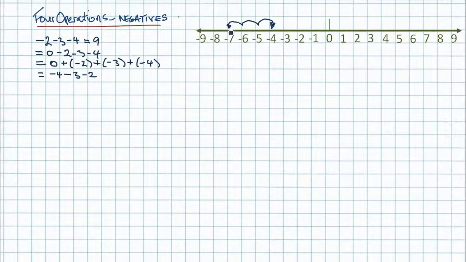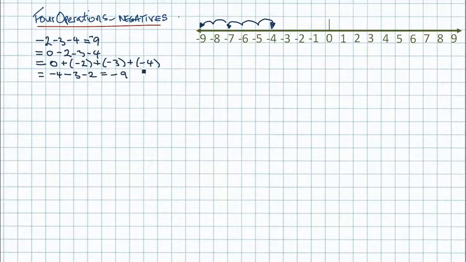That gets us to -7, and we go back again, so subtract 2 to get us to -9. Sorry, this should have been -9 up here. Okay, -9.